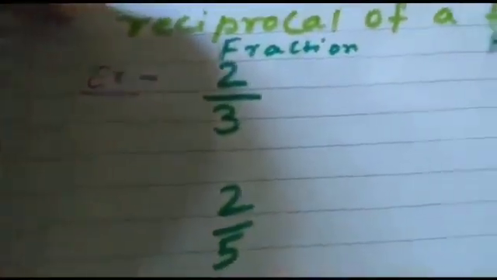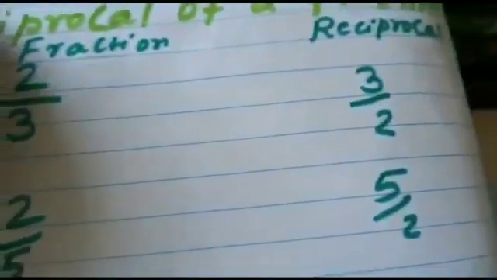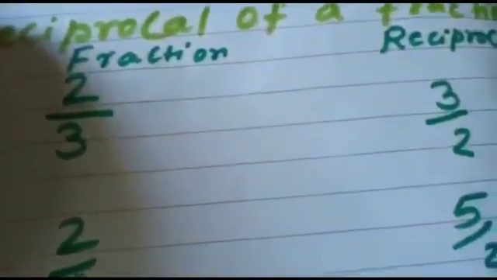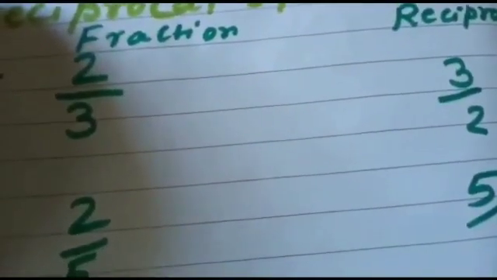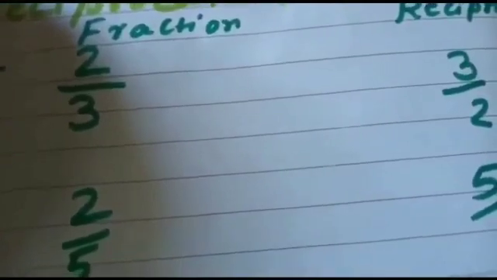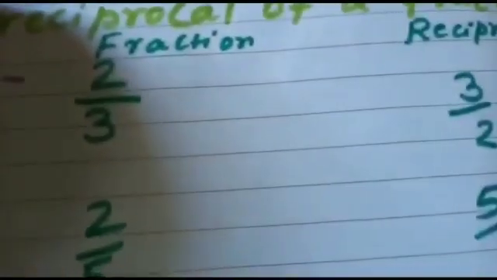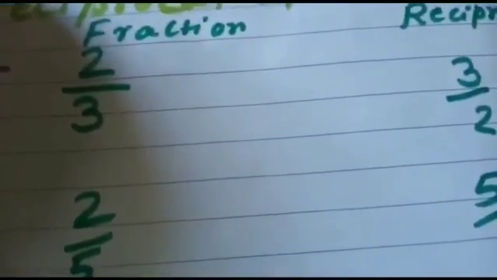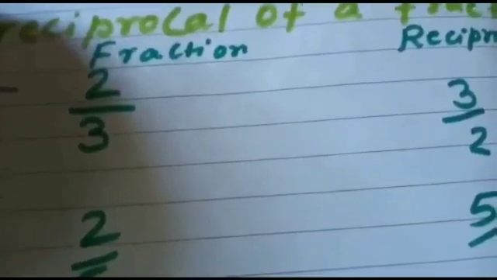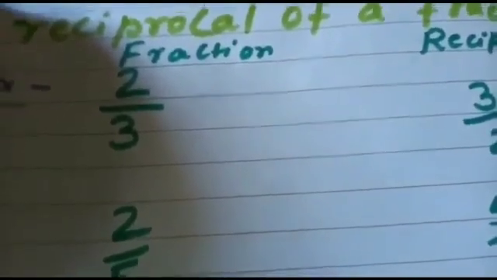See the fraction 2 by 3. So the reciprocal of the fraction will be 3 by 2. So the positions of the numerator and denominator are changed. That means the numerator came into the position of the denominator and the denominator came to the position of the numerator.